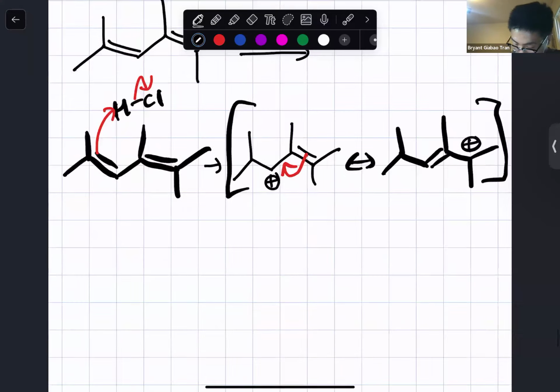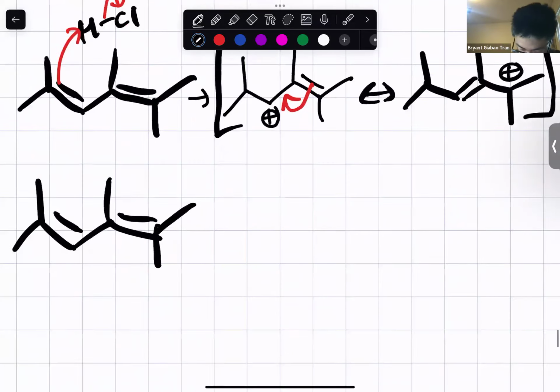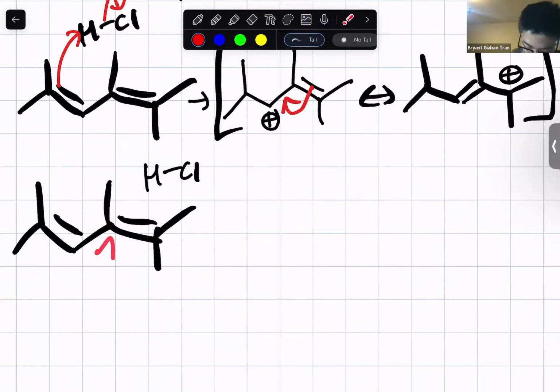Okay, now let's focus on the other double bond here. We want to form the more stable carbocation. They're both equally substituted, but there's one that is allylic and one that is not allylic. This one here is allylic, so we want the carbocation here.